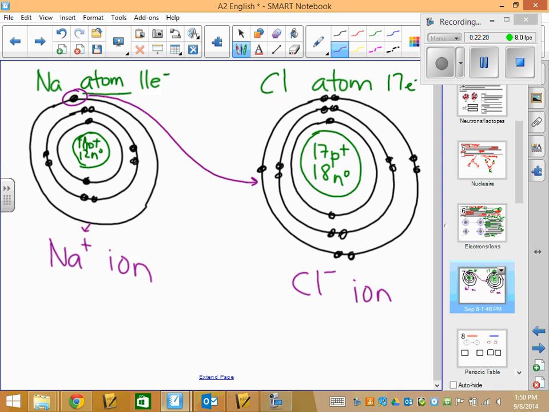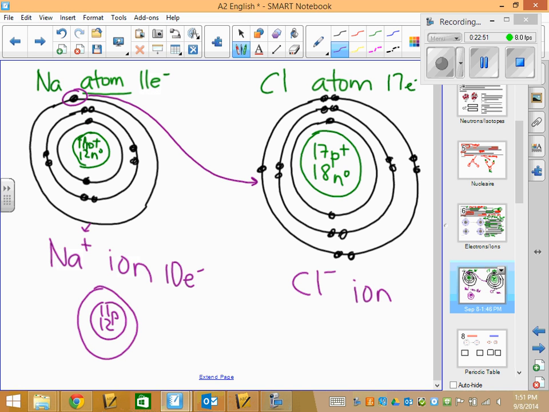In a sodium ion, I would still have in the nucleus 11 protons, 12 neutrons. But I just gave away an electron. I only have 10 electrons now. So if I compare, I have 11 positive things and 10 negative things. The 10 negative things cancel out 10 of the positives, but that still leaves one positive left over.